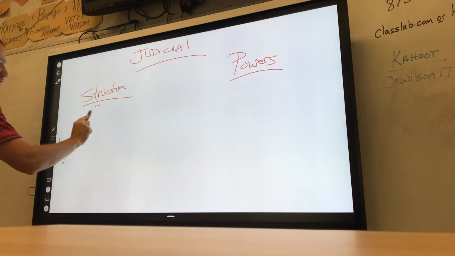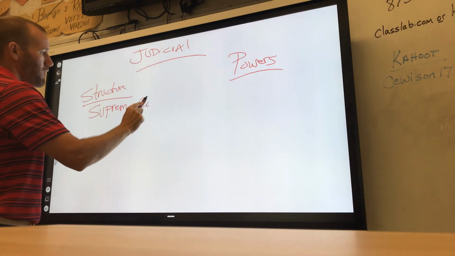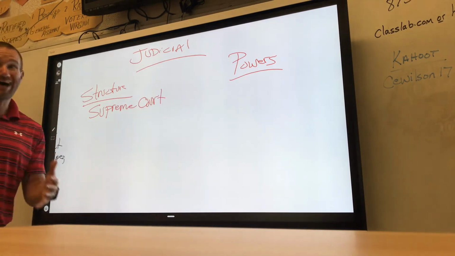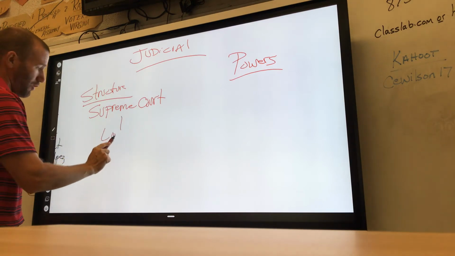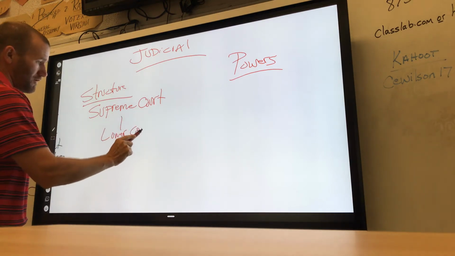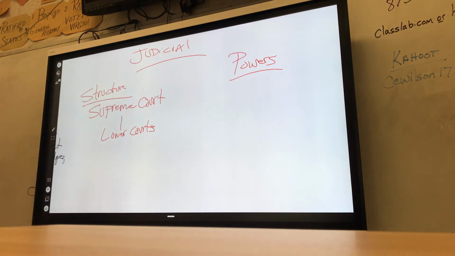The highest court we have is the Supreme Court. Right now, all that you have to know is below that, there are lower courts. We will get more into detail with that when we get to another SOL. I know my chart up on the wall has a lot more than that. All you have to know is that right there, right now. Supreme Court at the top, and then there's lower courts. We'll talk about those lower courts later.